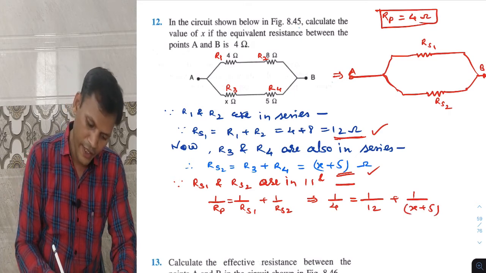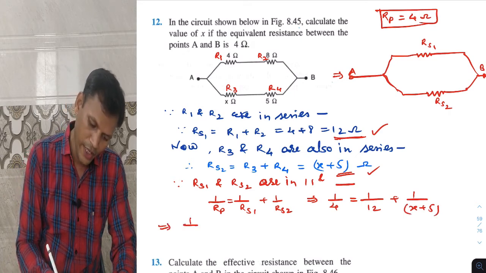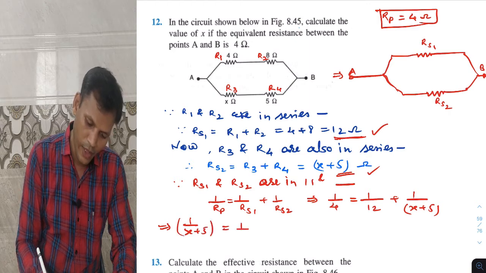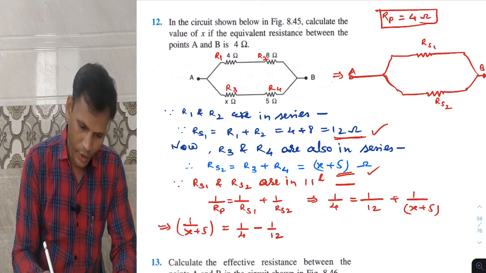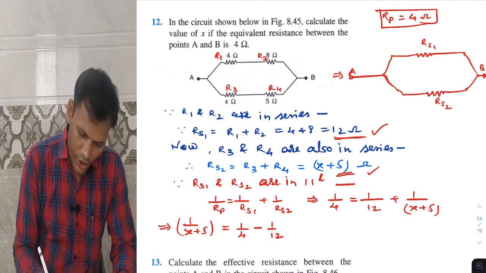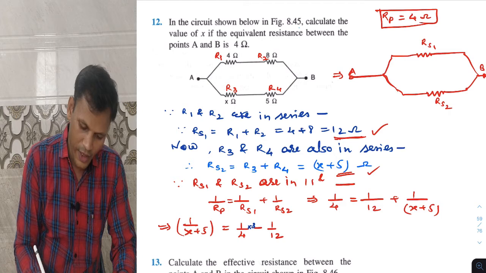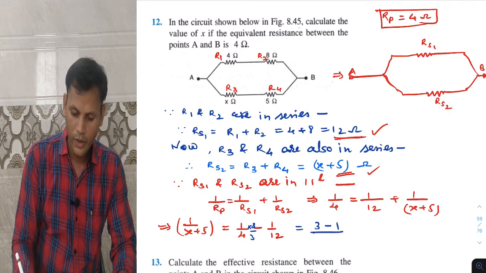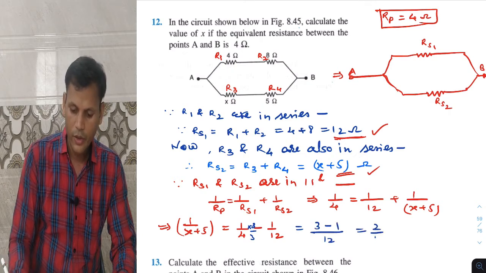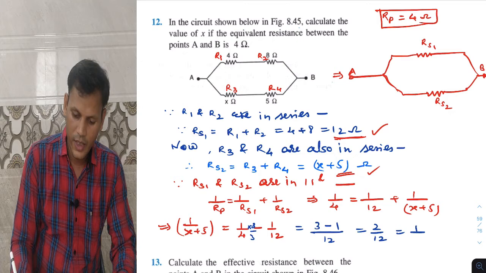So we can find it this way, 1 upon x plus 5 will be equals to 1 by 4 minus 1 by 12. I will do multiplication of 3 and division of 3 over here. So the denominator becomes same, so it becomes 3 minus 1 by 12. That becomes 2 by 12, 2 by 12, that is 1 by 6.